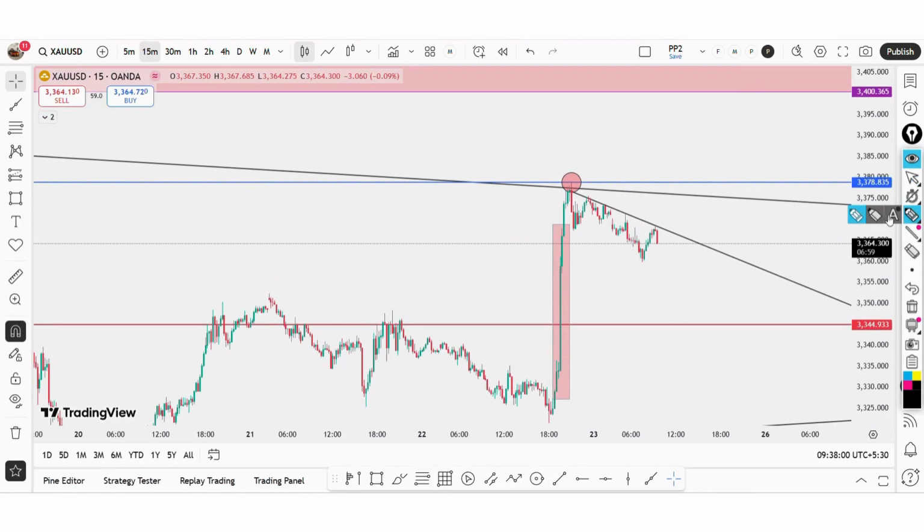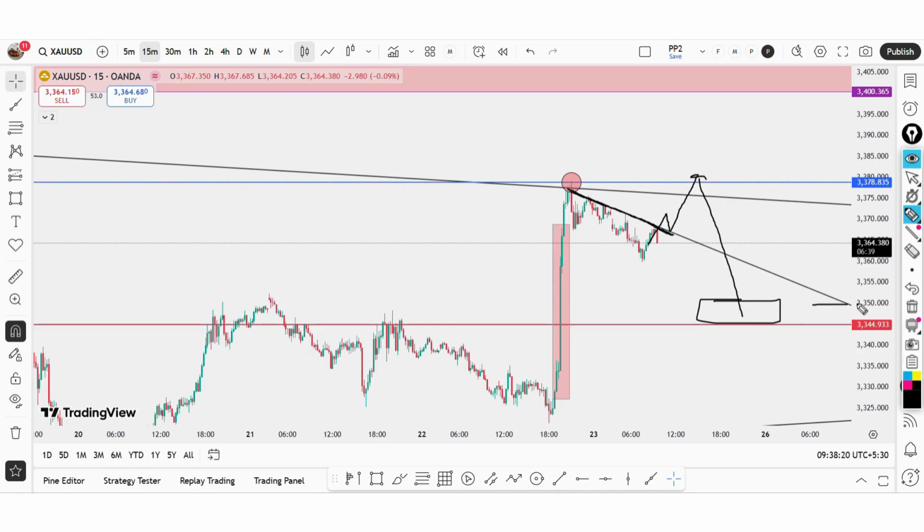Let me explain once again. Currently we are in a trend line over here and price is respecting this trend line. Once the price breaks this trend line, let's say in the London session, then we can liquidate this, come down and hit our important key level.